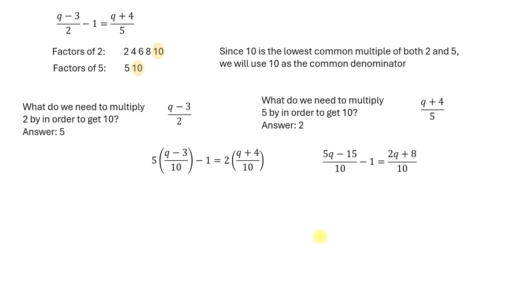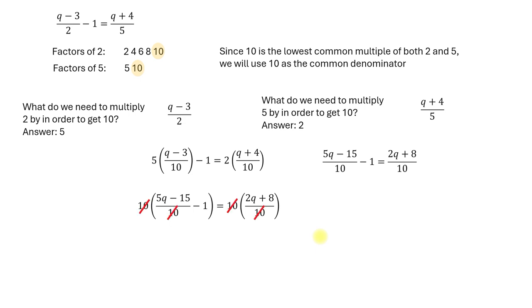When we expand both sides, we'll end up with (5q - 15)/10 - 1 = (2q + 8)/10. We can get rid of the denominators now by multiplying both sides by 10.